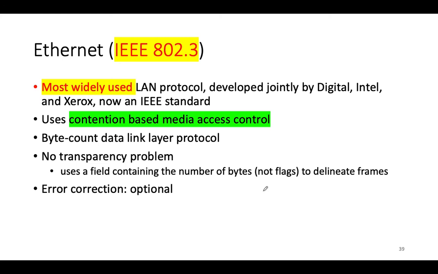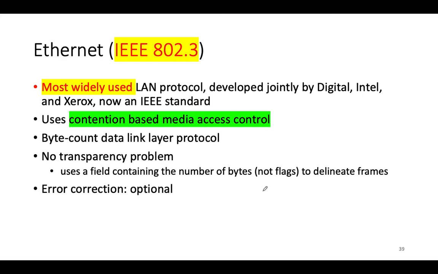What exactly is that? This is like the contention-based media access control, which means that 802.3, although it's really famous and the most used, is still contention-based, which is collision-based as well.